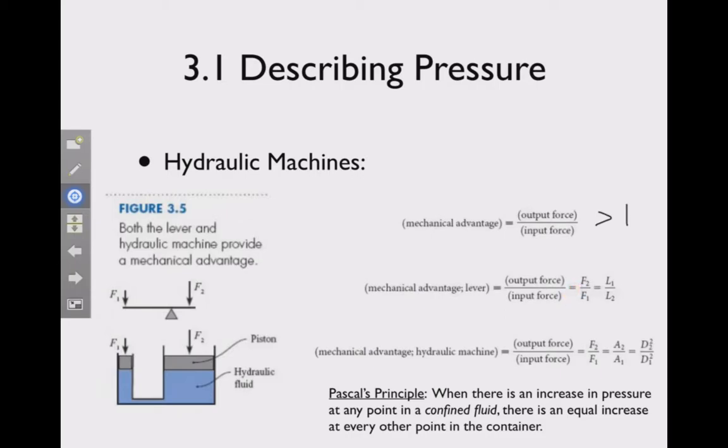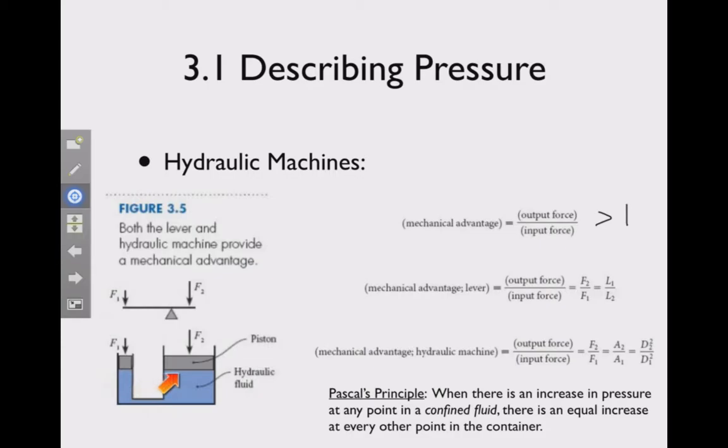There's a similar type of thing with hydraulic machines. Here we have a fluid, some sort of hydraulic fluid, inside a closed chamber. The mechanical advantage here is very similar. It's just the output force over the input force, as we saw in general. But now it's simply equal to the area over here divided by this area.